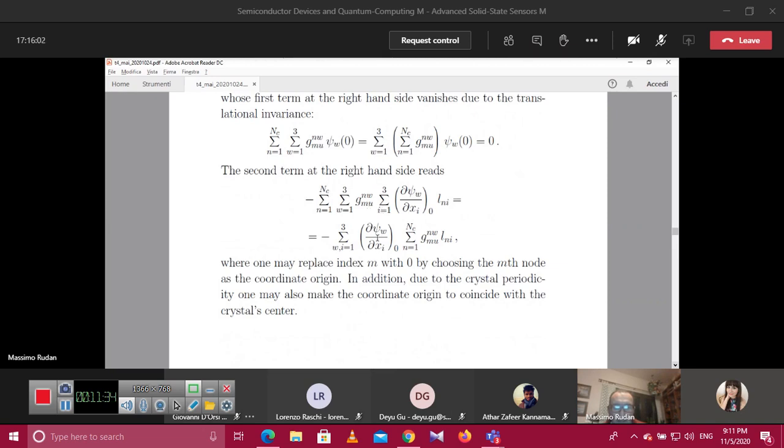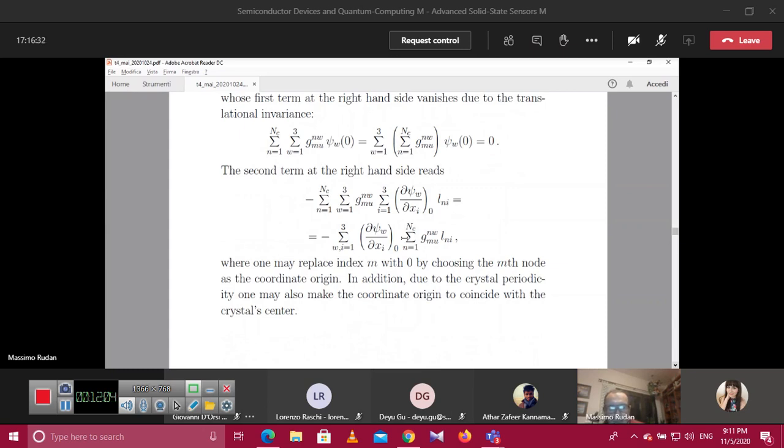And then again, we take out all the quantities that do not depend on index n. So we leave internally the sum of the elements of the elastic matrix G times the components of the translational vectors L and I, okay?